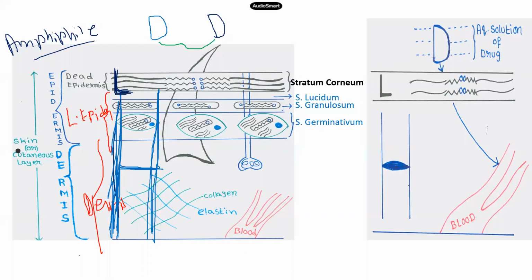First of all, this drug will take the permission of the door, then it enters the home and enters the systemic circulation.